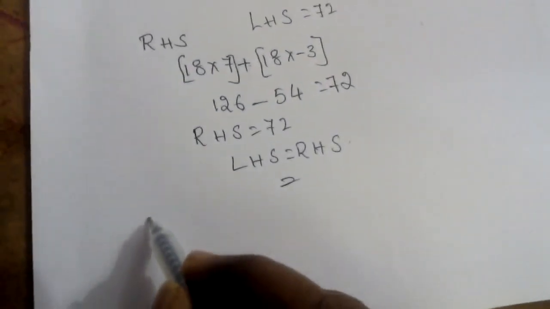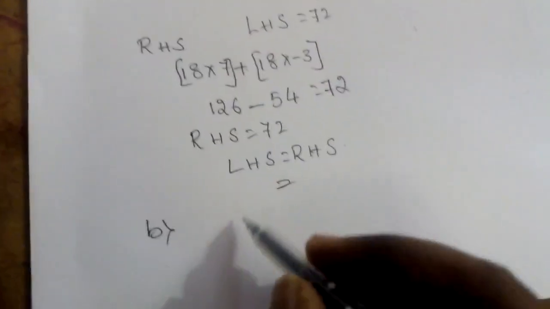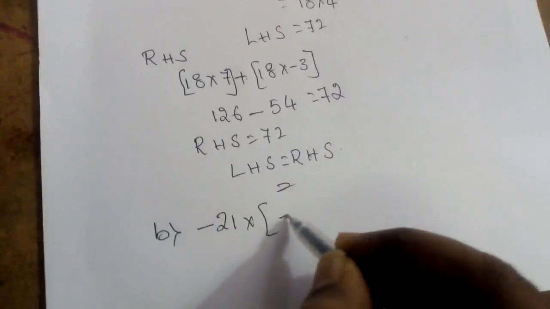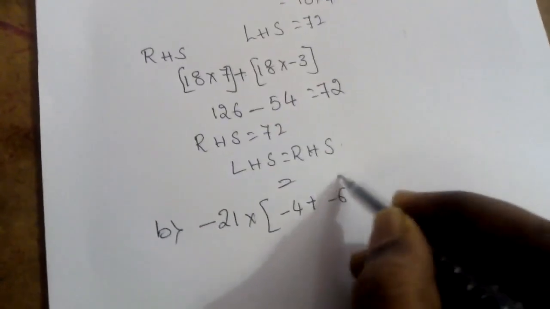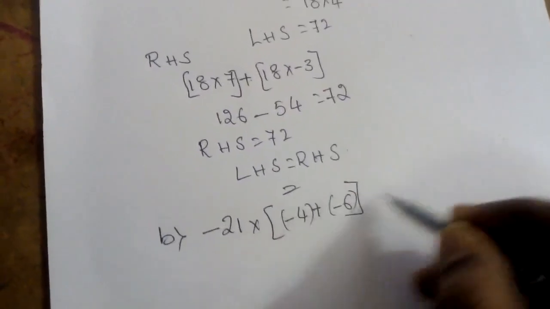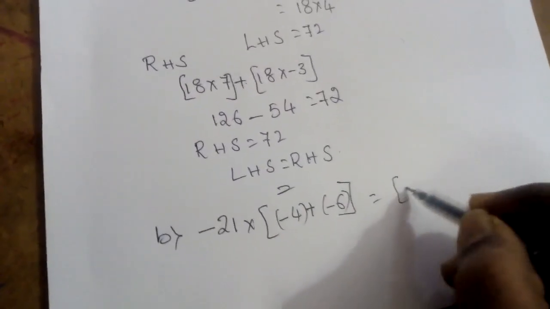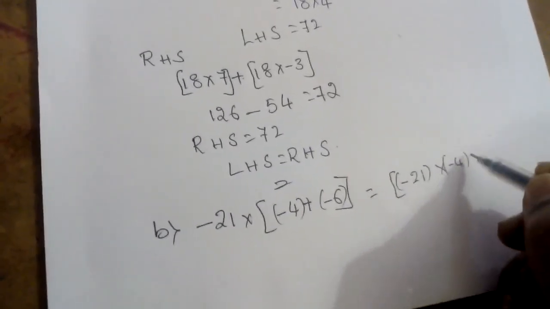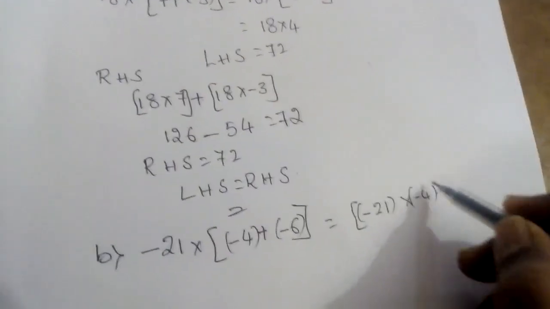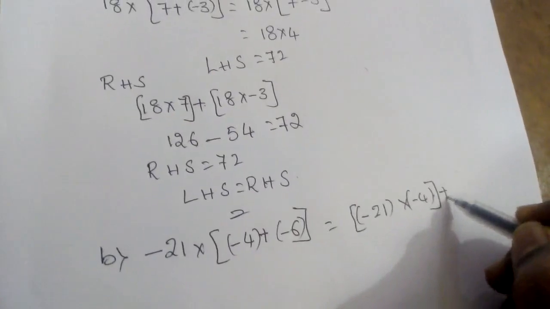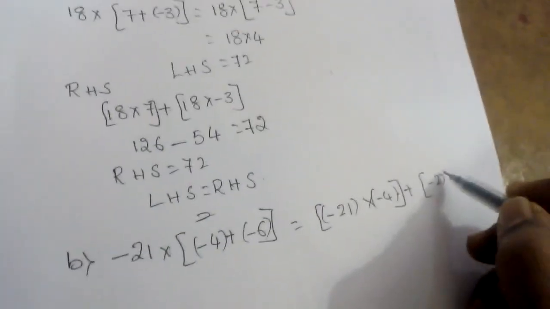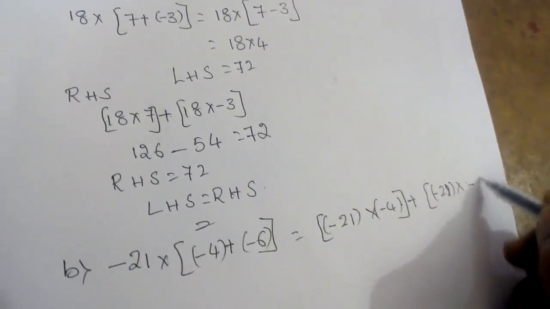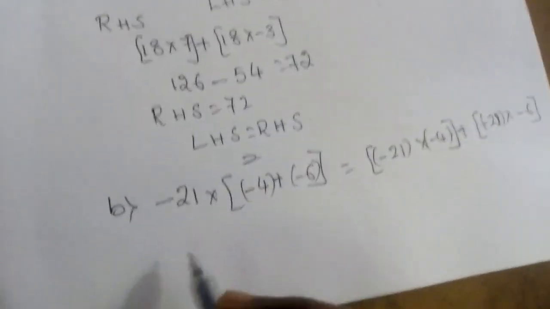Next, B question. Minus 21 into minus 4 plus minus 6, that equals to minus 21 into minus 4 plus minus 21 into minus 6. Same thing here, go to LHS and RHS.